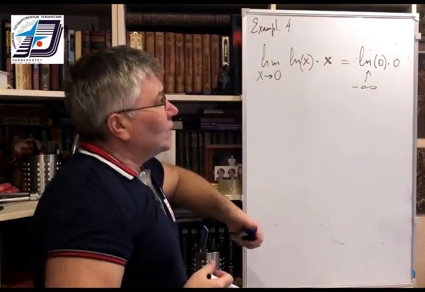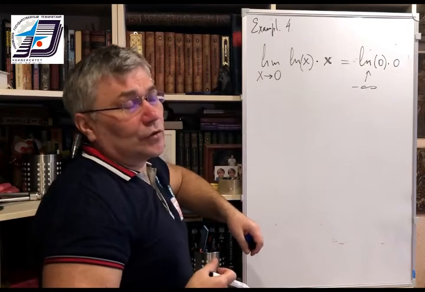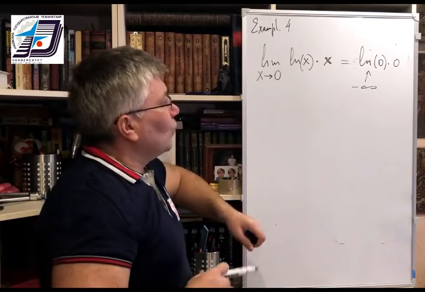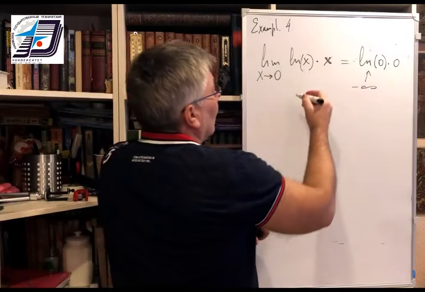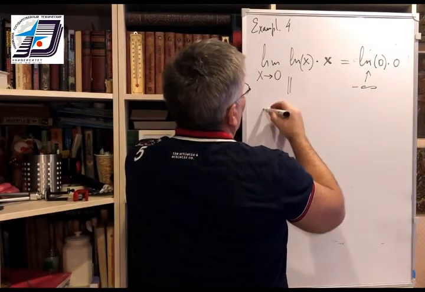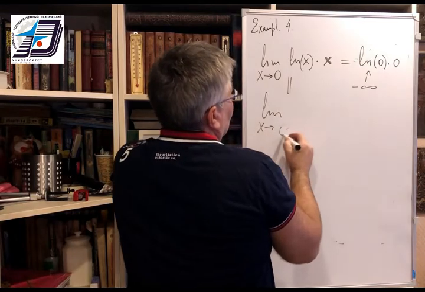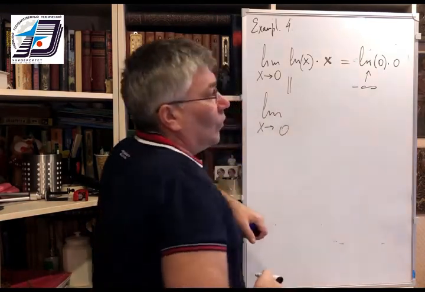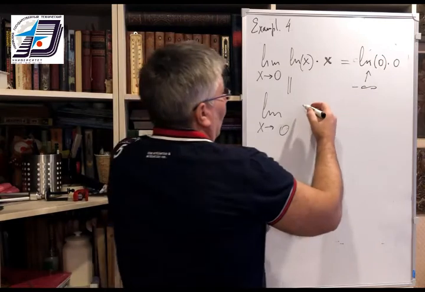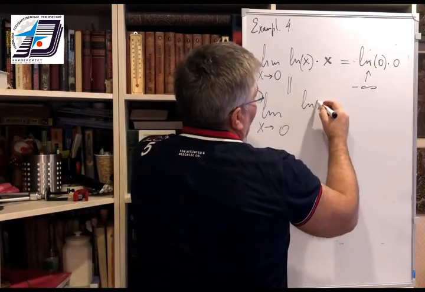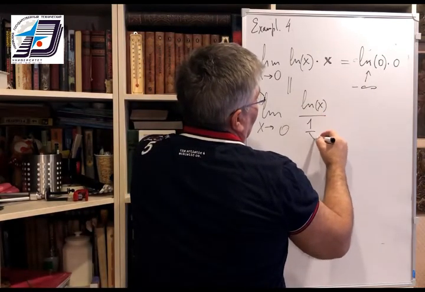At first glance, here L'Hopital rule doesn't work at all, but we can make a trick. We can turn this given expression into a quotient, for example, ln x over 1 over x.